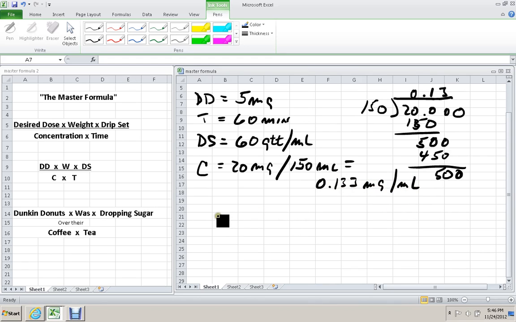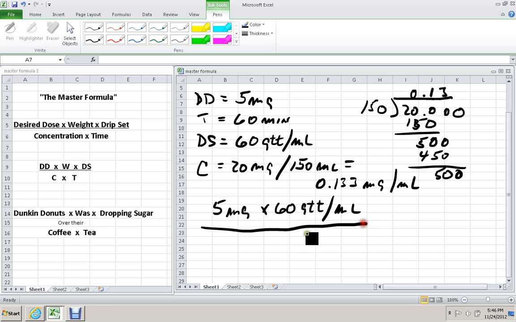Let's put all this in the formula. We have 5 milligrams times the 60 drop set per ml divided by the 0.133 milligrams per ml times 60 minutes.